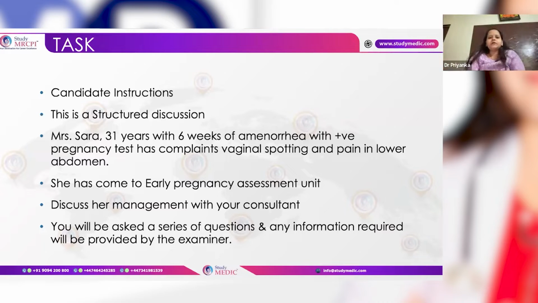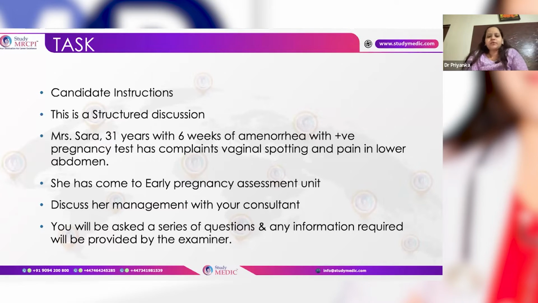My patient has come in early pregnancy with complaints of vaginal spotting and pain in the lower abdomen. First I want to know how much pain she is in, and if the pain is unbearable, I would first offer her some pain relief and settle her.